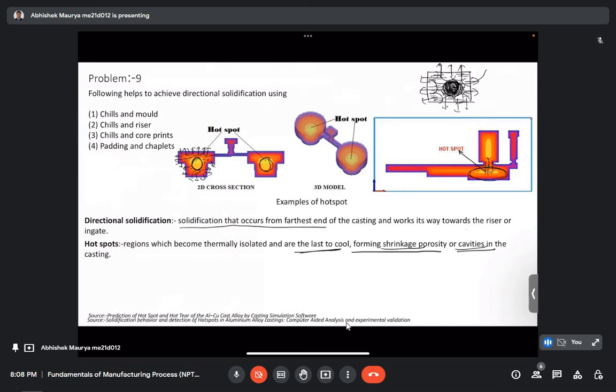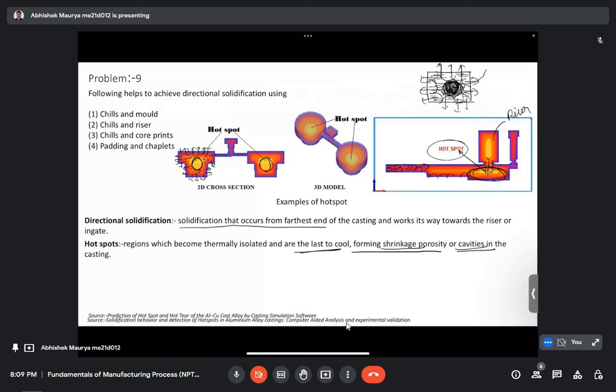Here, this is the riser and this is the hotspot. So we have kept the riser just above the hotspot, so that for this geometry, solidification starts from here and keeps progressing, and this is the region left to solidify at the end, and that is the hotspot.